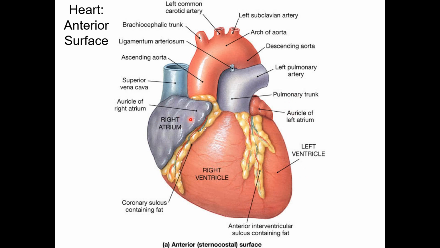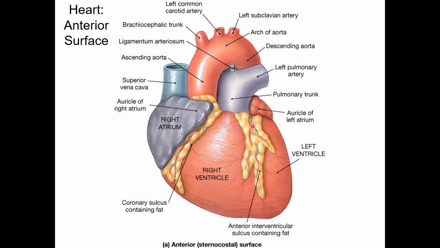Between the atrium and the ventricles there is a sulcus or groove, which we call the coronary sulcus, coronary because it encircles the heart like a crown. This is its anterior part, the vertical part. When it goes around the back, we will see it becomes more horizontal. Between the two ventricles, the right and left, we have another groove or sulcus, called the anterior interventricular sulcus.